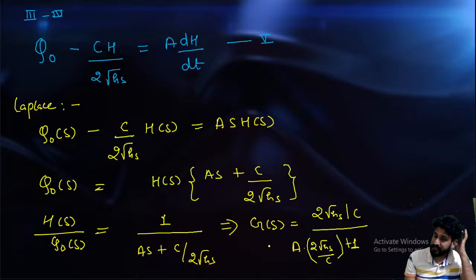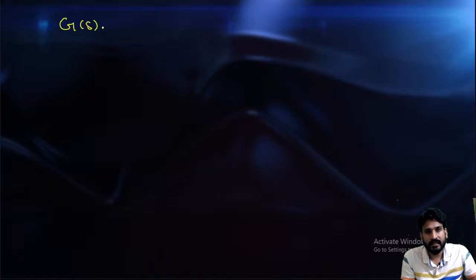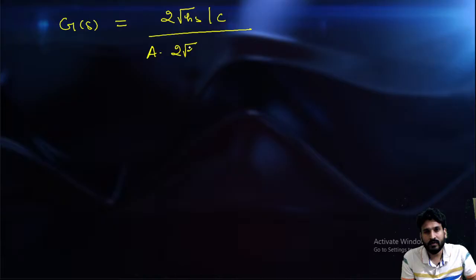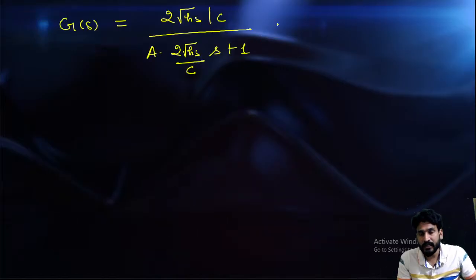Please tell me whether it is clear or not, and if you say yes, then I can write on the clear page: 2√(Hs)/C divided by A·2√(Hs)/C·s plus 1, because I have to convert this into the general format. So in the general format, this plus 1 should be there.